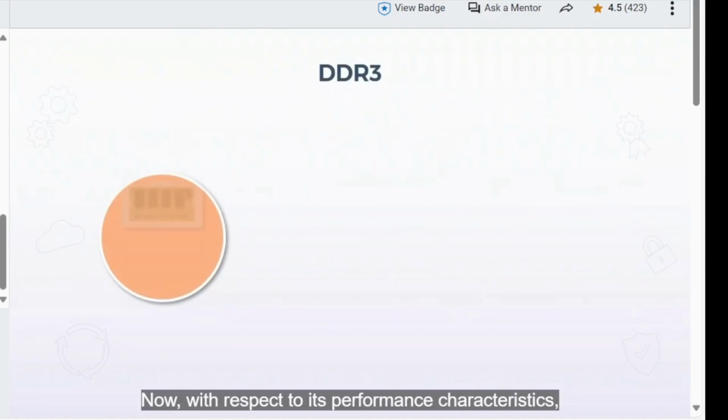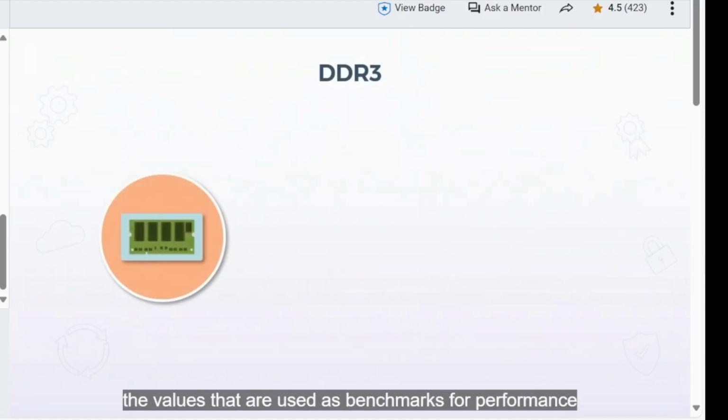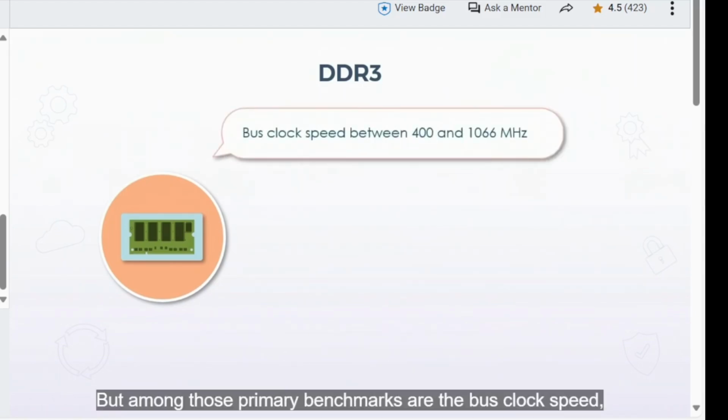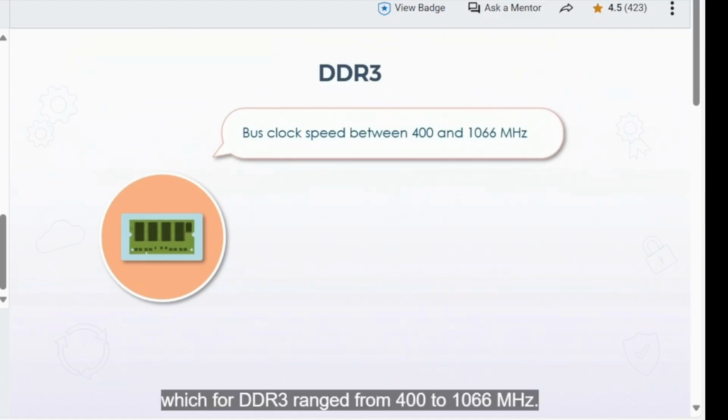Now, with respect to its performance characteristics, the values that are used as benchmarks for performance are the same across all implementations of DDR, but of course it's the values themselves that are increasing. But among those primary benchmarks are the bus clock speed, which can be thought of as the communication channel between the memory chip itself and the processor, which for DDR3 ranged from 400 to 1066 megahertz.